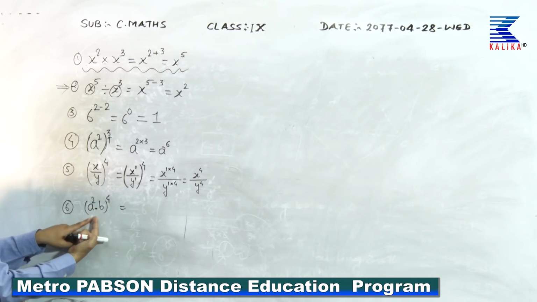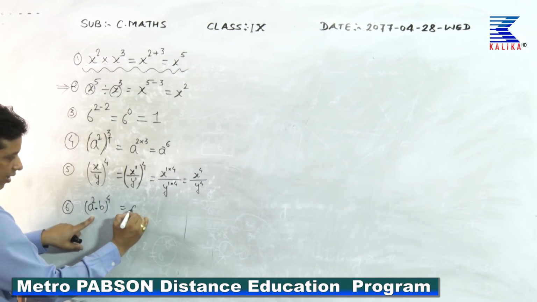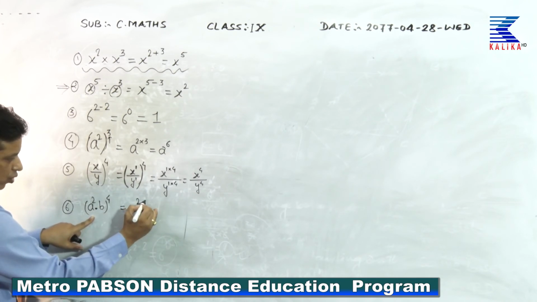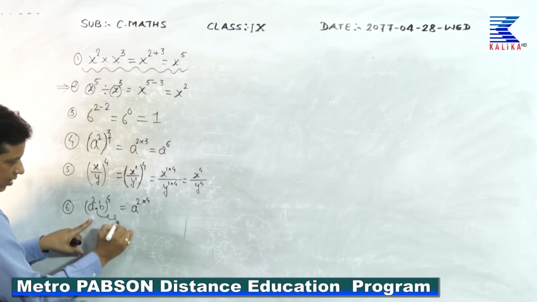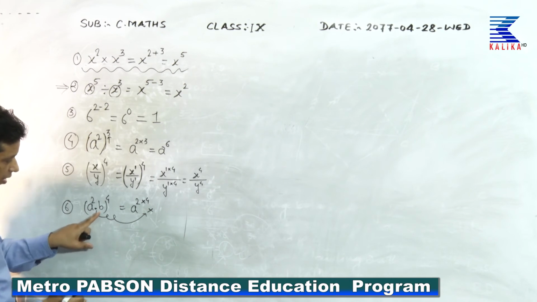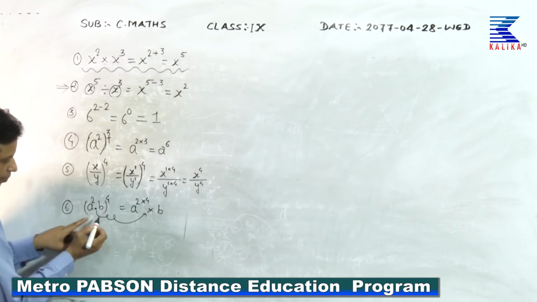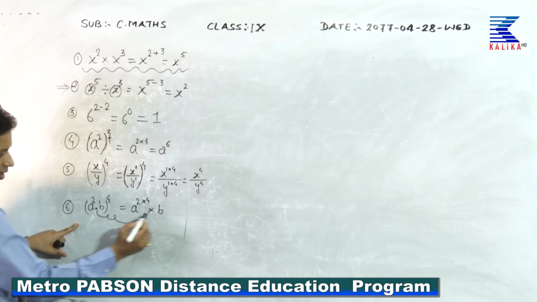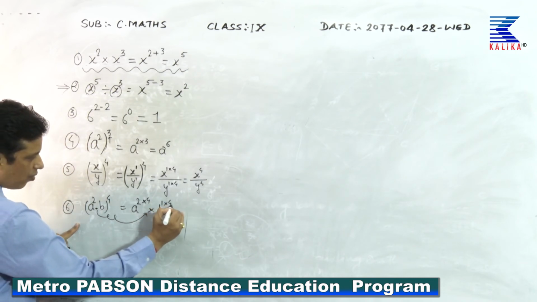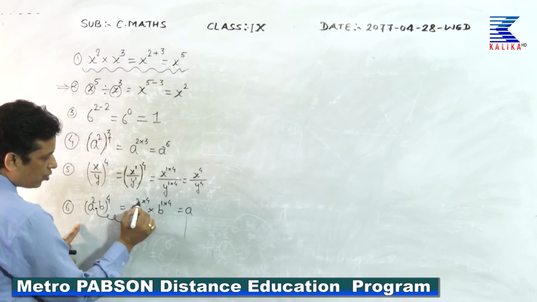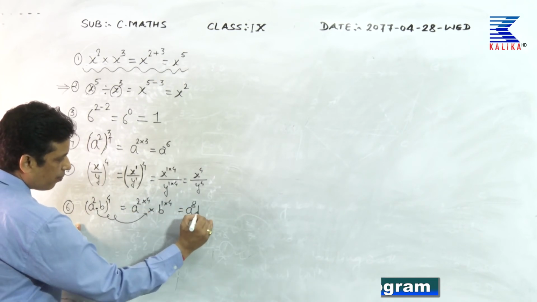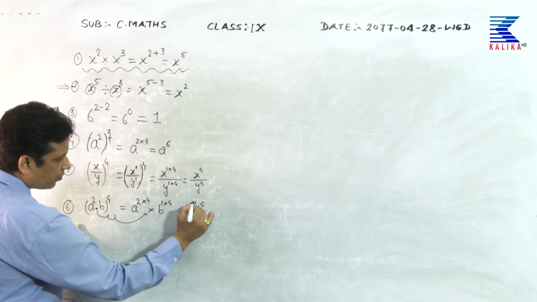This is also the law number 3, raising a power to a power. Here as well, a to the power 2 is there, it should be multiplied by this 4, and this is the multiplication sign. After that b is here, b to the power nothing, nothing means there is 1. So, we can write 1 times 4, and the result comes a to the power 2 times 4, 2 times 4 is 8, 1 times 4 is 4. This is the answer.